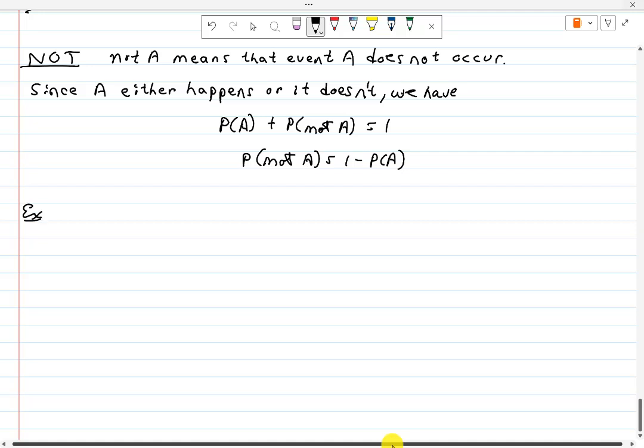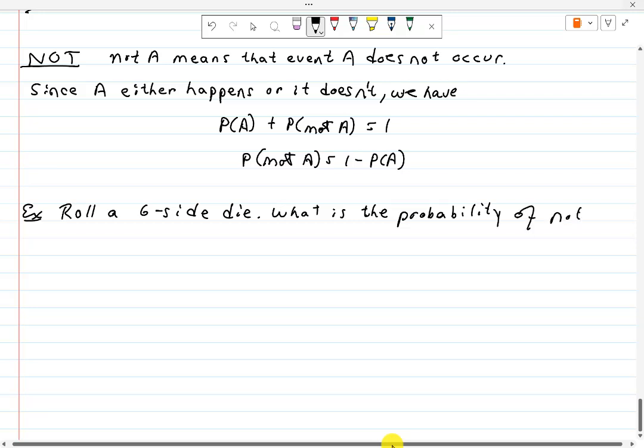So as an example, roll a 6-sided die. What is the probability of not getting a 3?